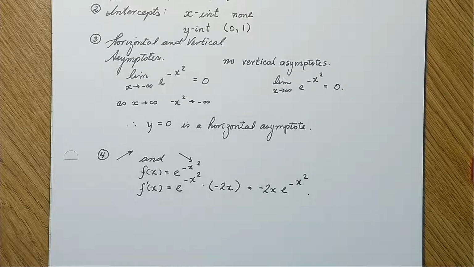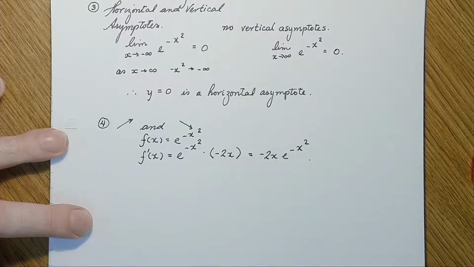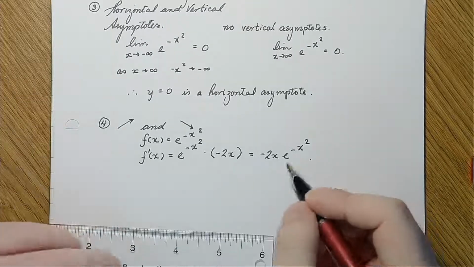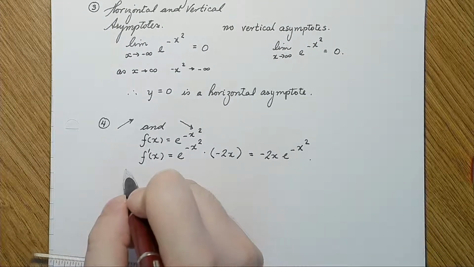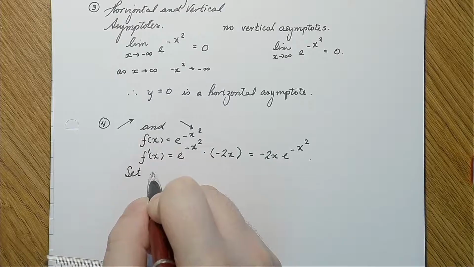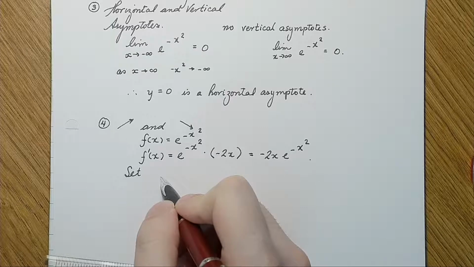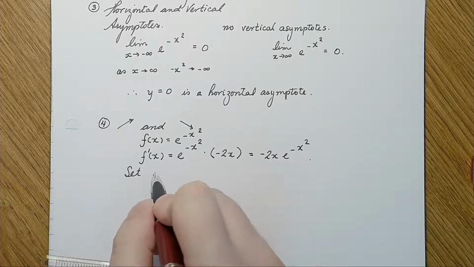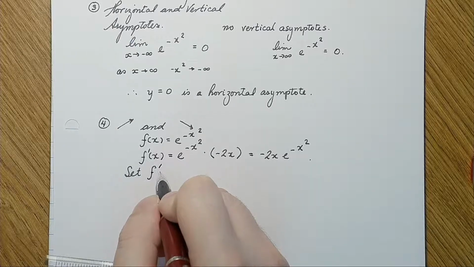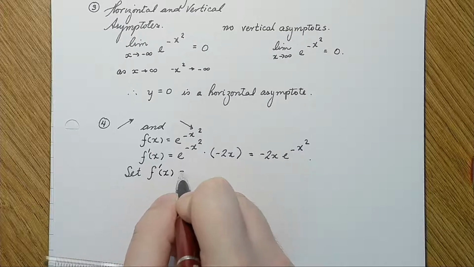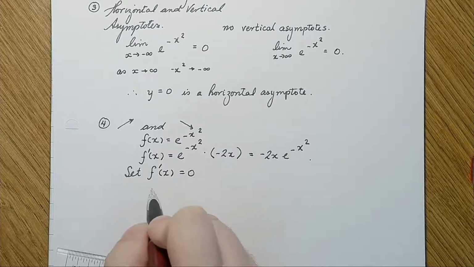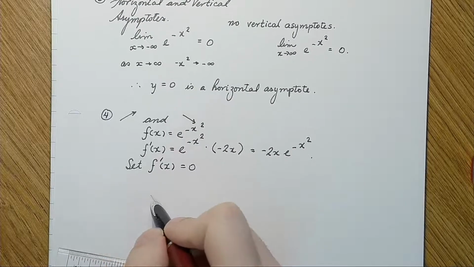And if I want to find those critical values, remember, critical values are where it's equal to 0 or it doesn't exist. So I set that equal to 0 to find my potential critical values.